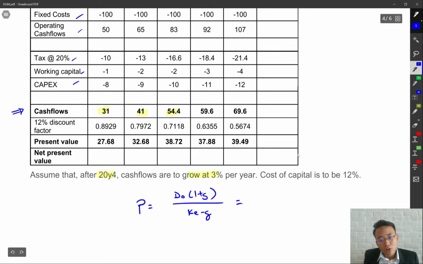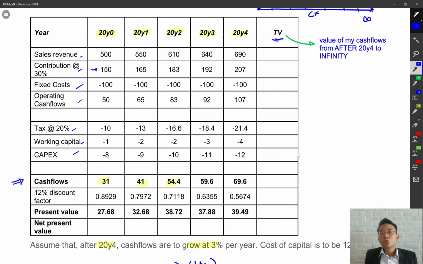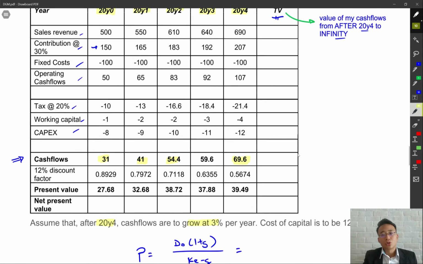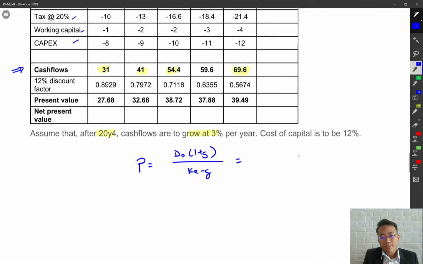Alright, so I am looking at from 20Y4 to infinity. Now 20Y4, we just had 69.6 as the cash flow. So I will put this as 69.6. It will grow at 3%.